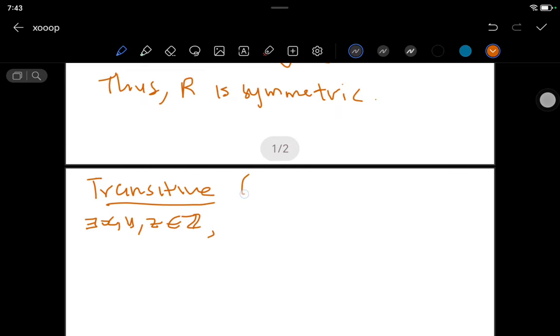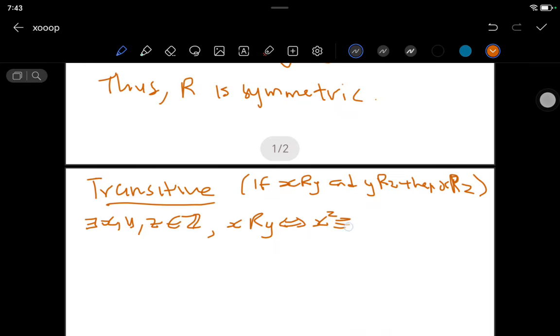Then we prove that if x is related to y and y is related to z, then x will be related to z. You see, right? This is what we're trying to prove. So we're going to assume that x is related to y if and only if x squared is congruent to y squared mod 4.